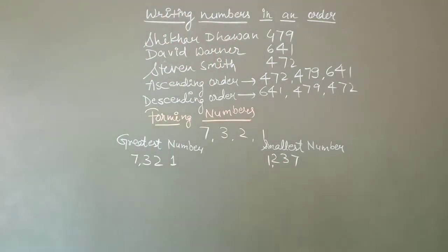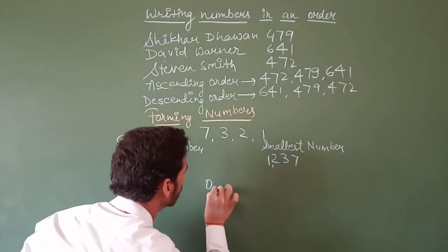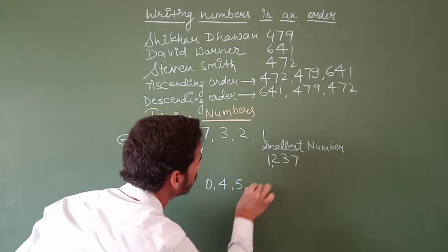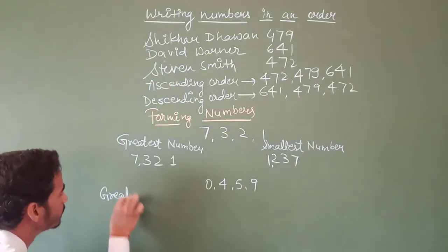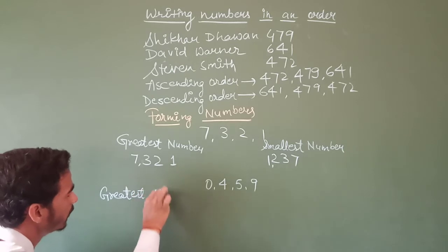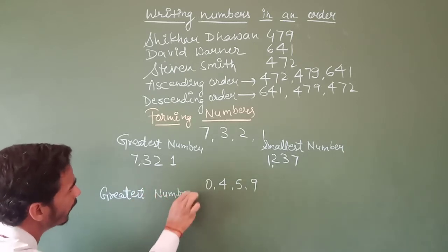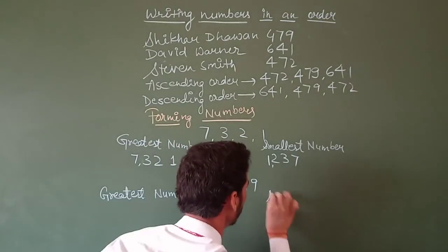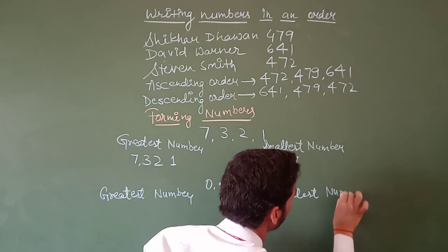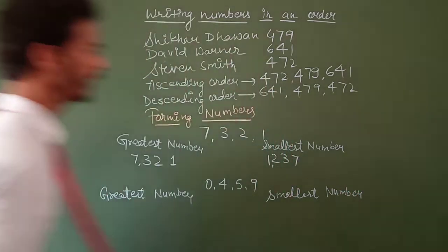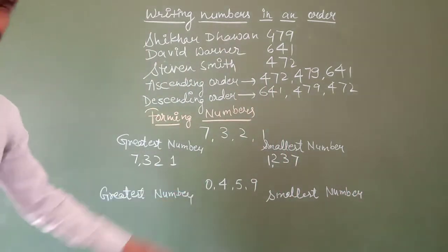Okay, and there is another example of this type. Listen carefully. There are digits 0, 4, 5, 9, and you have to make the greatest number and the smallest number from the given digits. In these digits there is 0 also.